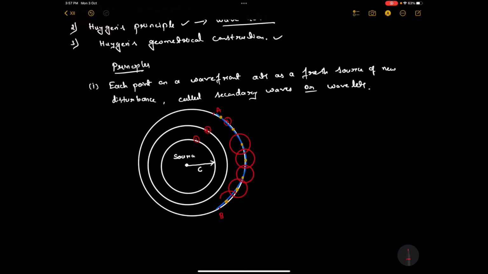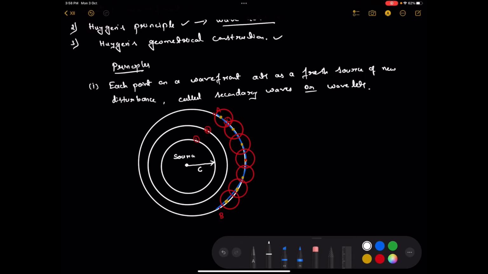I'll take one more here also. I'll take one more here also. This is the meaning of that principle. So each point acts as a source of new disturbance.